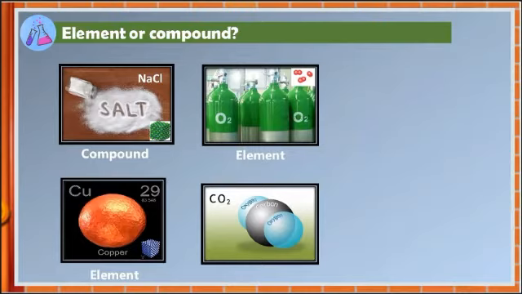Next, Ebaseta. We have carbon dioxide, meaning one carbon atom and two oxygen atoms. Is it element or compound?